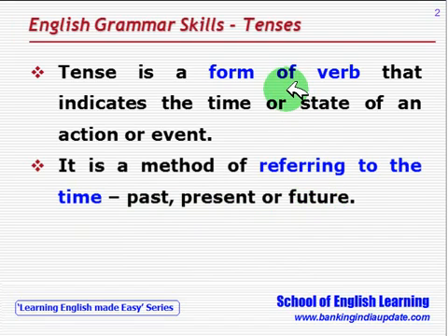So tense is a form of verb which indicates the time or condition of an action, state of an action or event. And through tense, we refer to time. This time could be past, present, or future.